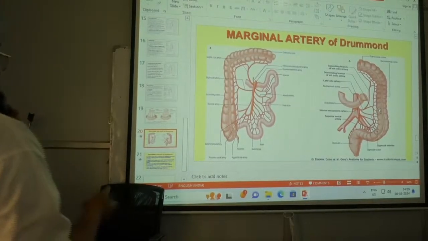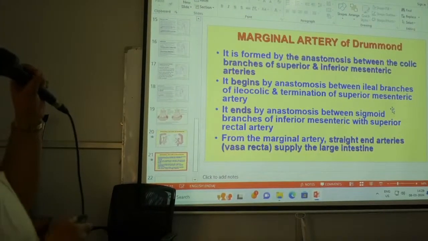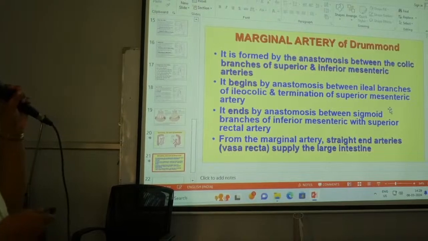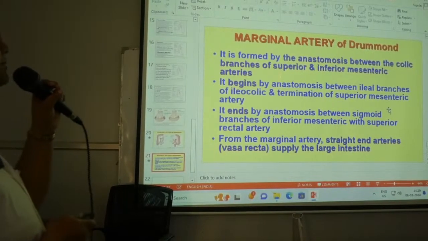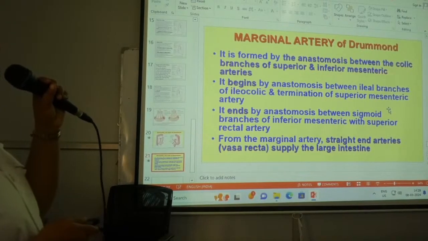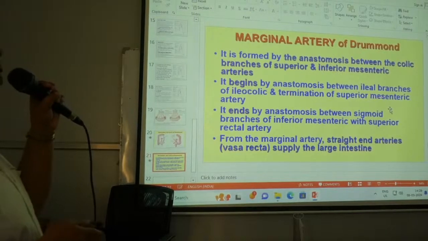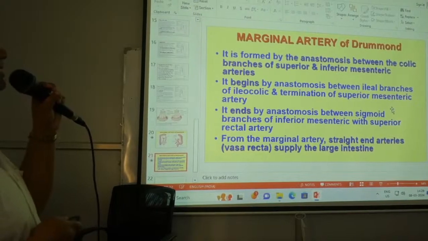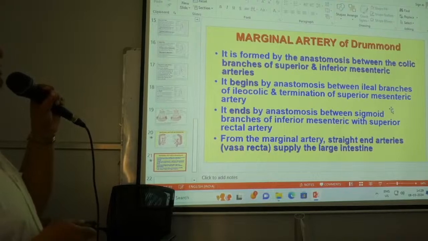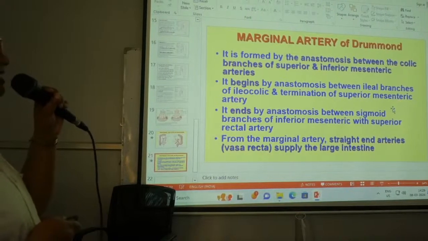Okay, next. So marginal artery of Drummond, it is formed by the anastomosis between the colic branches of superior and inferior mesenteric arteries. It begins by anastomosis between the ileal branches of iliocolic and termination of superior mesenteric artery.